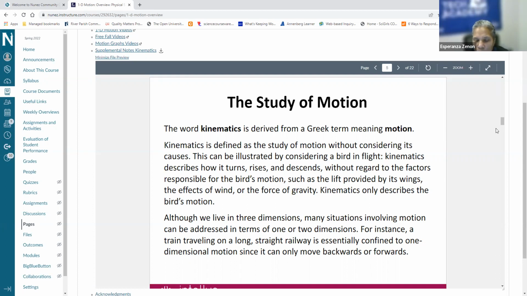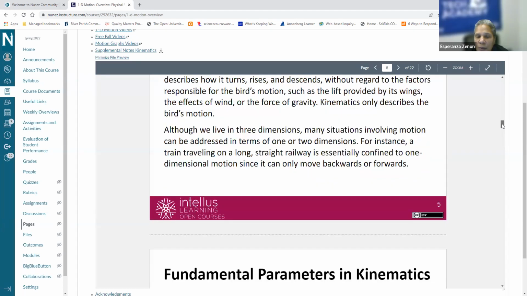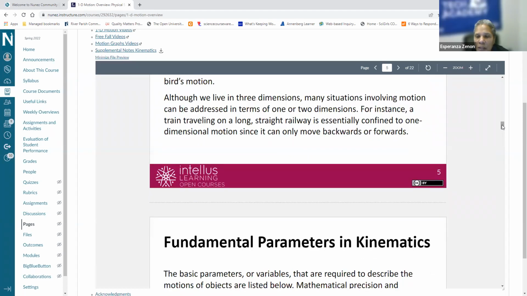But in here, we don't do 3D. We don't analyze the motion of an object from a 3D perspective. We strictly stick to one and two-dimensional motion, and so what we've got to do is look at the things we need to understand to deal with this simplest case of motion.